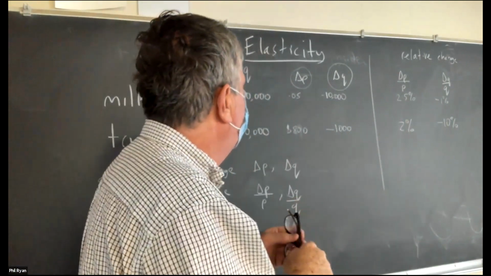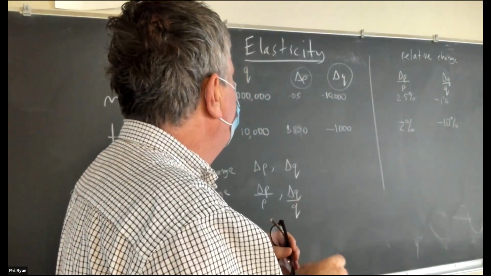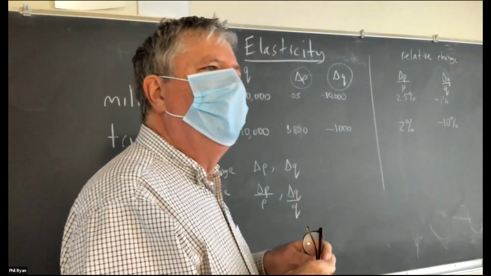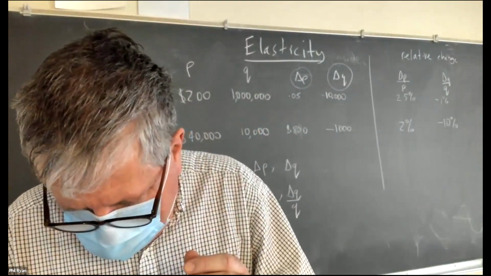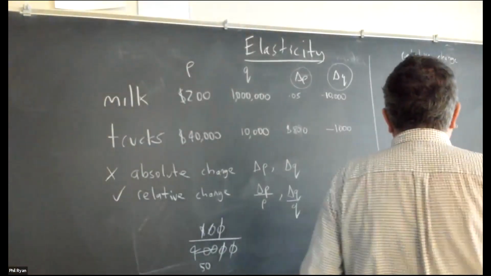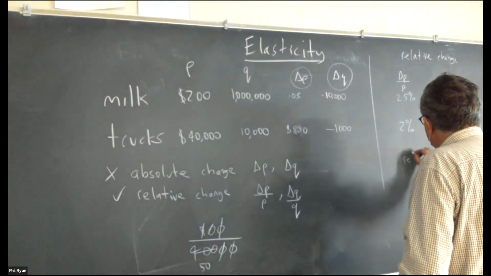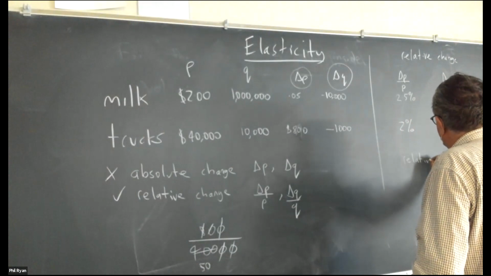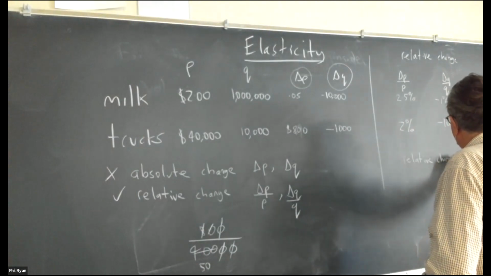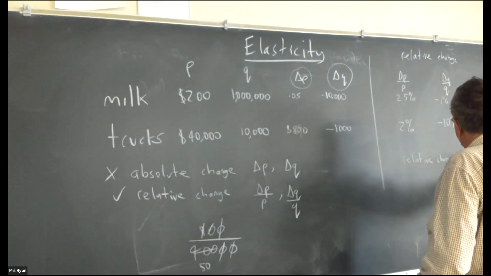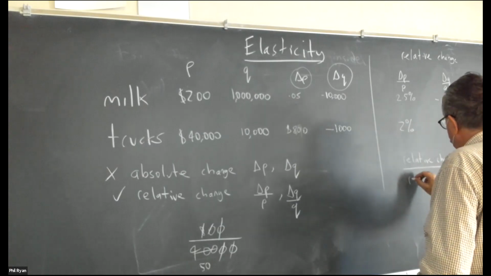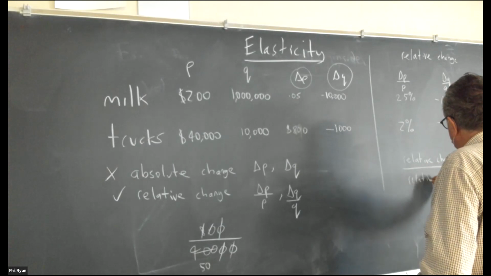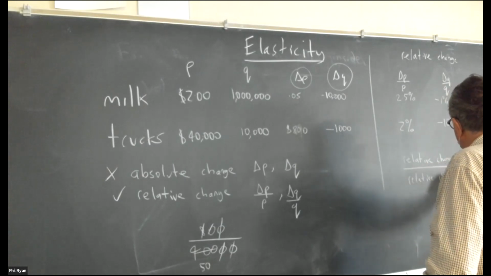So what we do is we look at the ratio of the relative changes: relative change in demand divided by relative change in price.